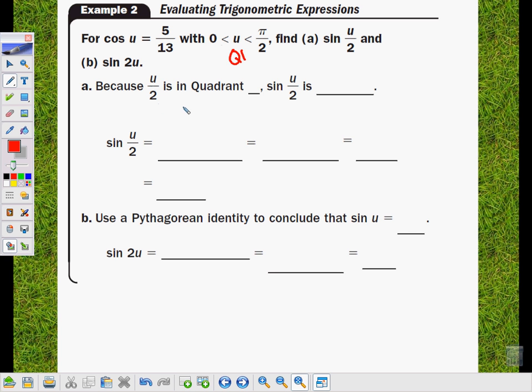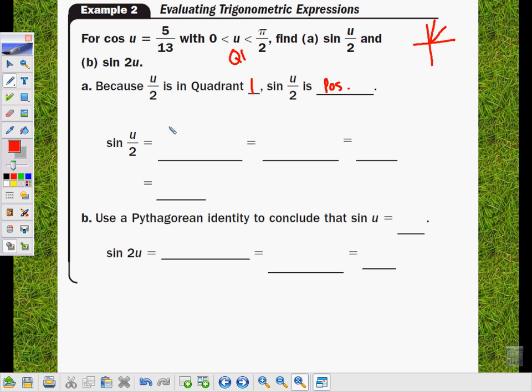All right, cool. So because u over 2, all right, well, if I take half of something that's in quadrant 1, anything I draw that's in quadrant 1, there's an angle in quadrant 1, half of that is still going to be in quadrant 1. And everything is positive in quadrant 1, so sine of u over 2 is positive. Okay, cool. So sine of u over 2, we go back to our formulas that you had in the beginning.